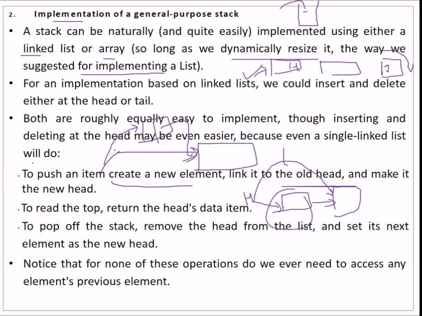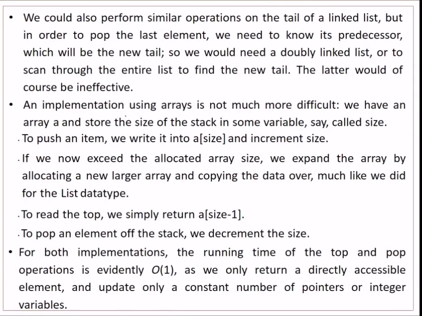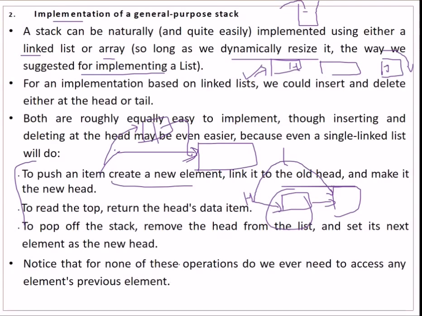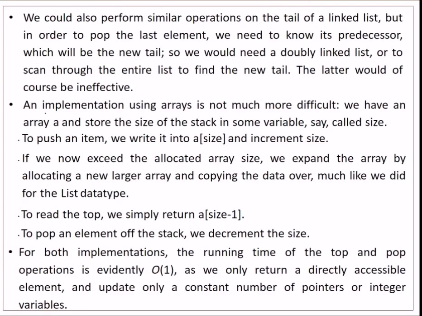None of these operations which we have just seen ever needs to access any element's previous element. So we could also perform similar operations on the tail of this linked list. Same observation, just consider the last element.